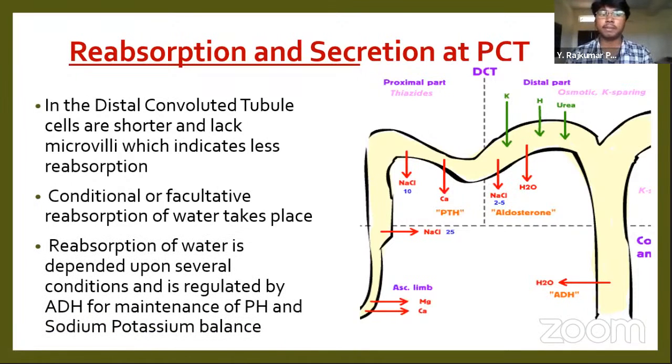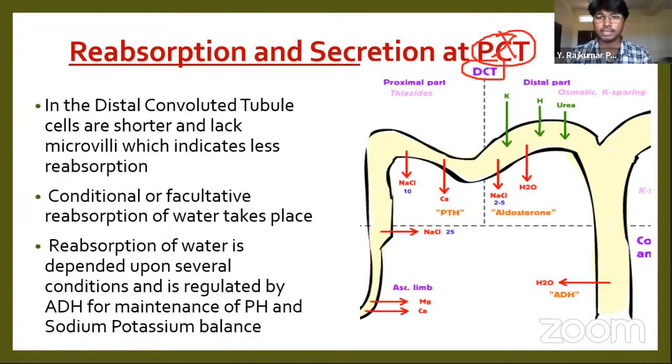Reabsorption of water is dependent upon several conditions. It is regulated by ADH, antidiuretic hormone, for maintenance of pH and sodium potassium balance. So a small correction here: this PCT you should convert to DCT. It is actually about DCT.